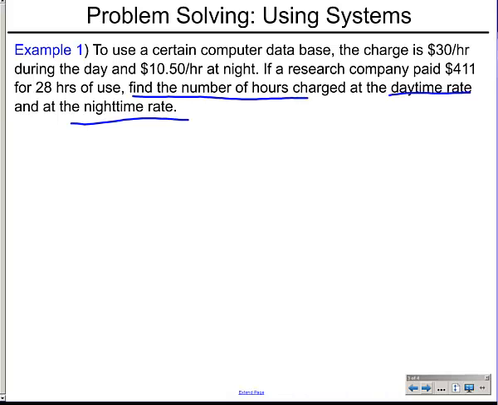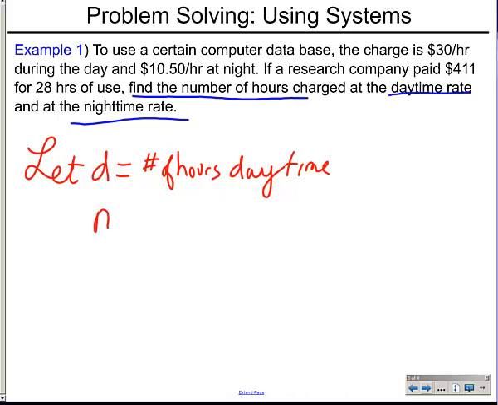Since that's what we're looking for, that's what we're going to let our variables represent. So we're going to say let D equal number of hours daytime and let N equal number of hours nighttime.